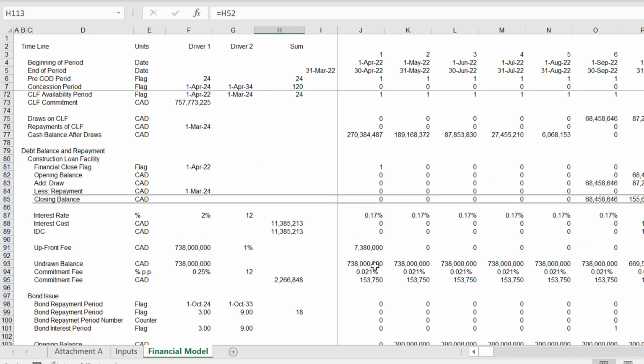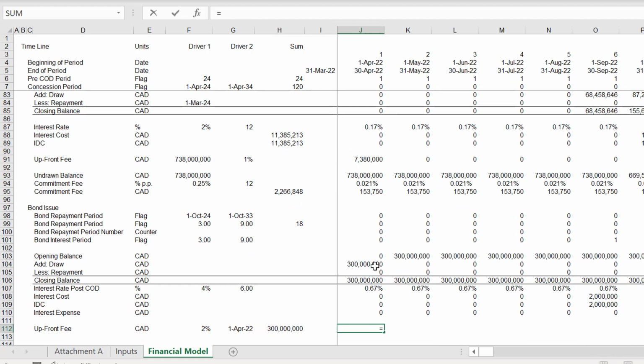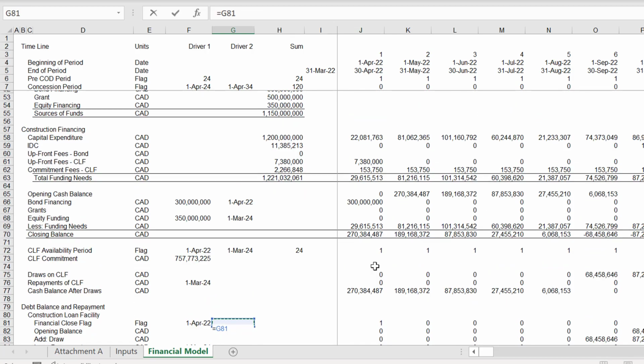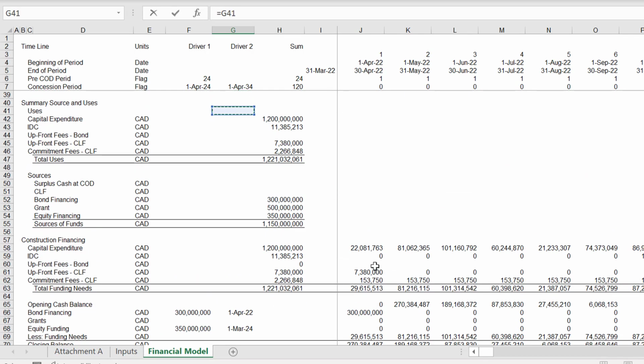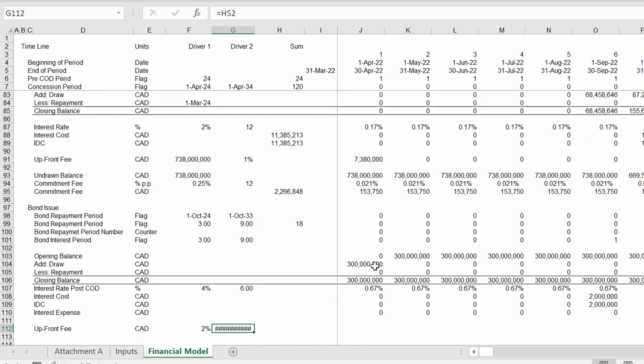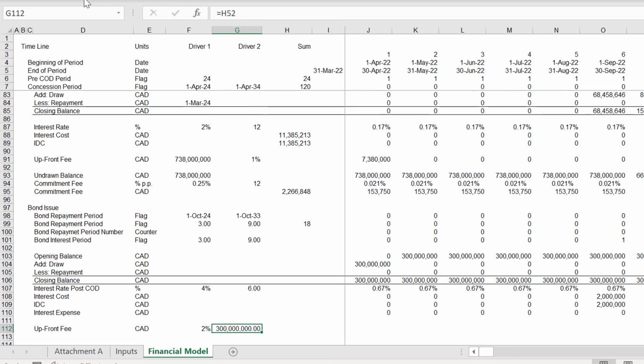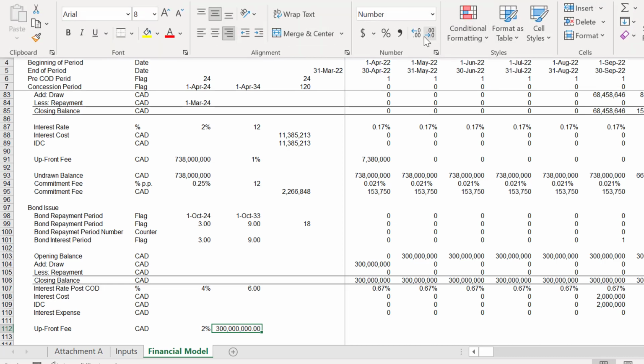I can put our total bond financing here and put this. Oh, good. Let's do it like this because we at least have a financial close flag. So we put our bond financing and okay. I just messed up on the thing. Okay. All right.